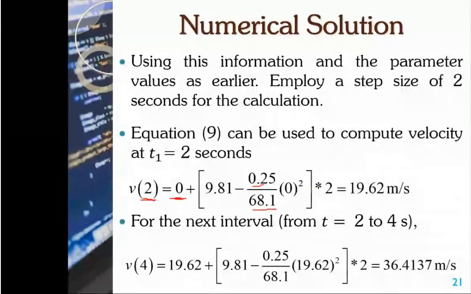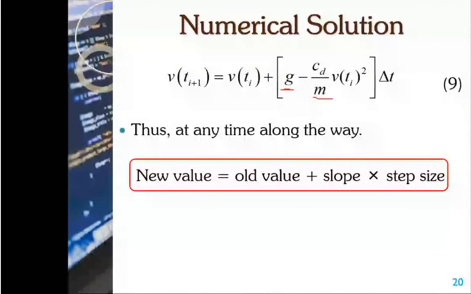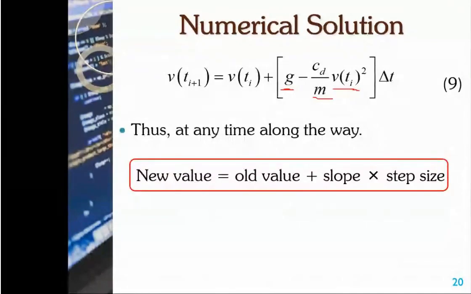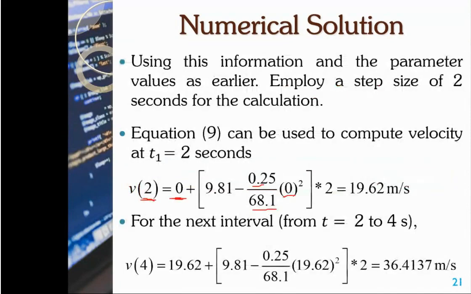And remember, we also have another past value of velocity here squared. And our past value was equal to 0, all squared, times the step size, which is the change in t. And because we are dealing at an interval of 2 seconds, our change in time, which is our step size, will be equal to 2. Okay. Now, once we evaluate this on our calculator, we are getting 19.6 at 2 seconds.